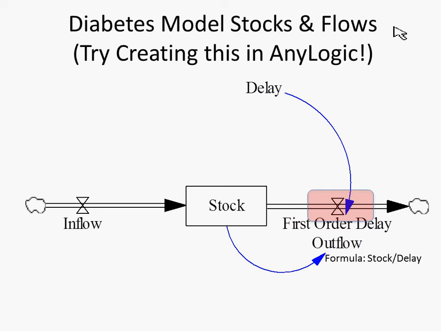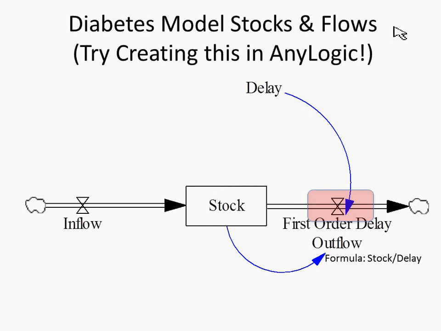This is a situation where we have what's called an exponential residence time within the stock, and it's associated with a memoryless process, where each unit of time that passes, as long as they're still in the stock, they have a certain fixed chance of leaving.